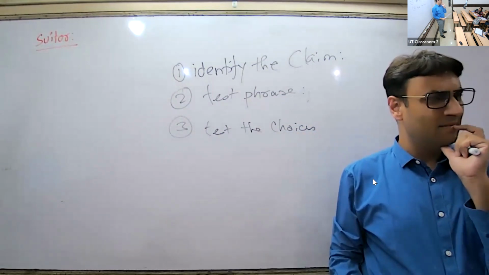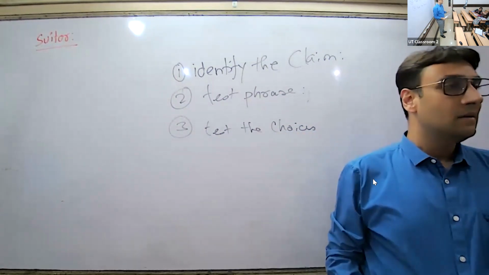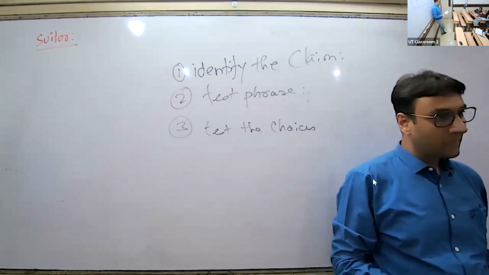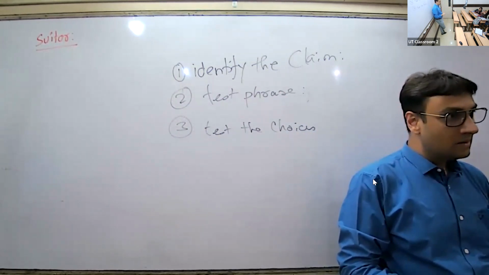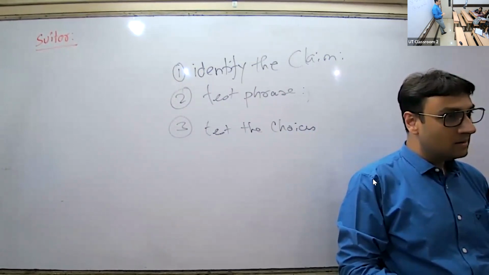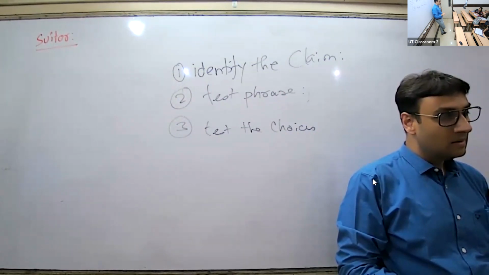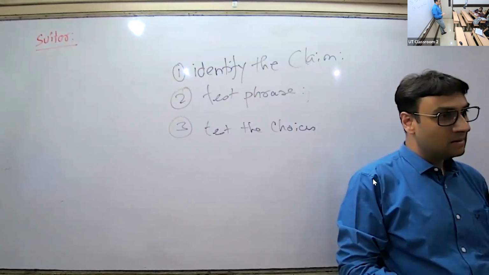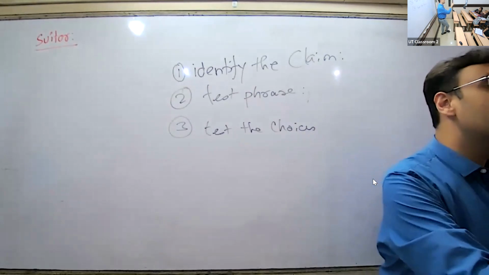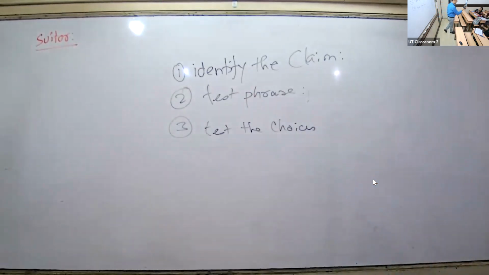The suitor is chosen and if he passes. Technically it's the girl's choice, but the final man who passes all the tests, if he has the potential to marry the girl, and if this man can impress the girl.